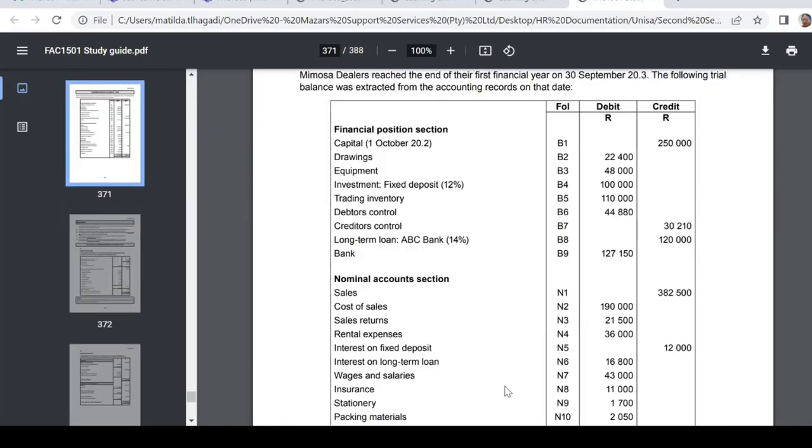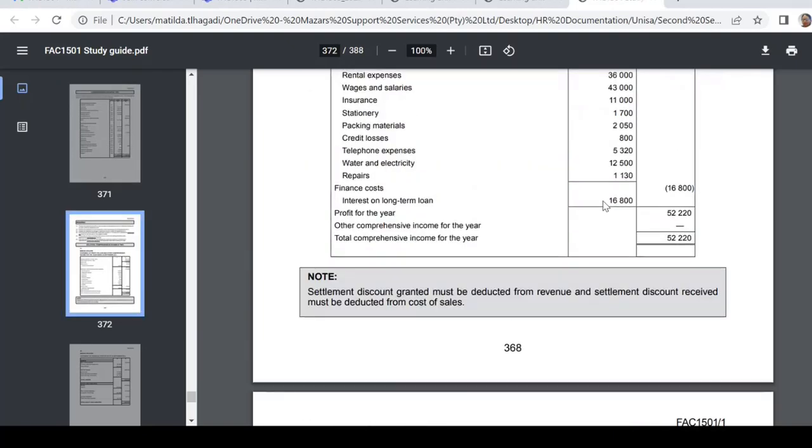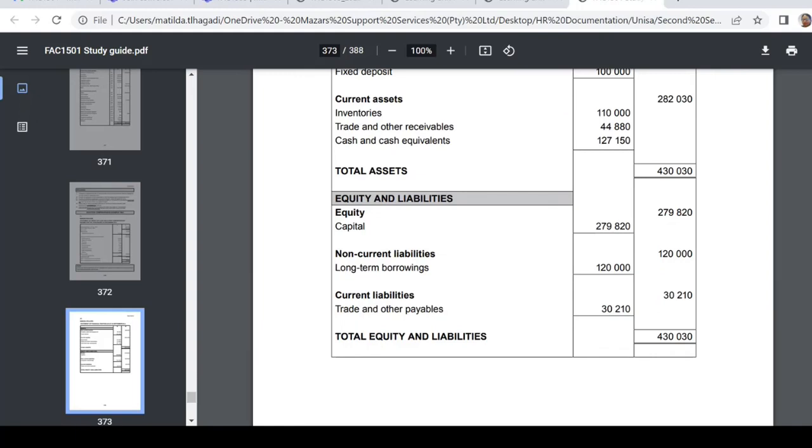So inventory, let's look at inventory. So inventory, can you see that inventory also from the trial balance?